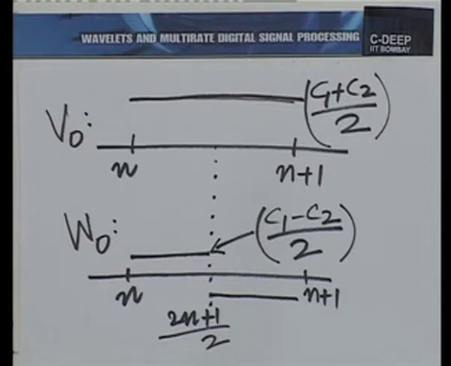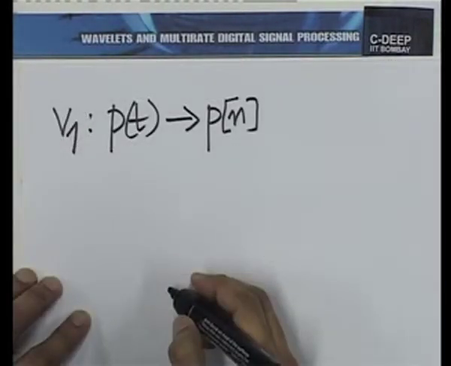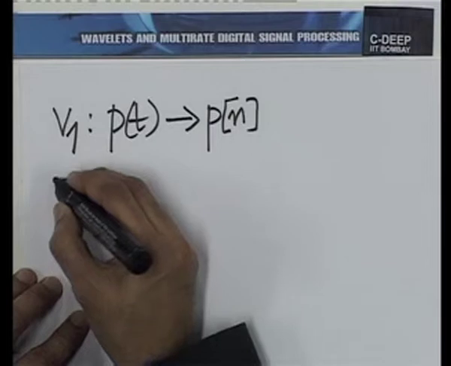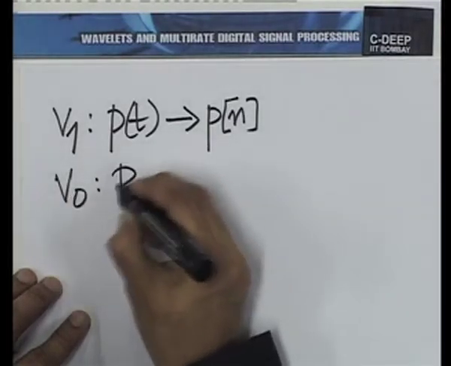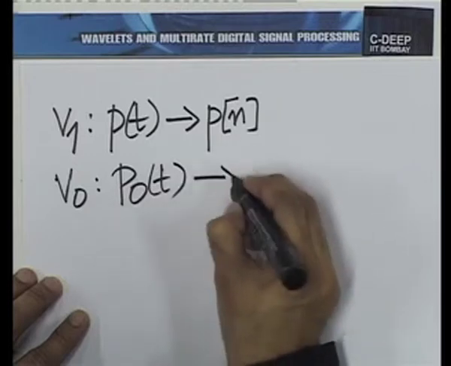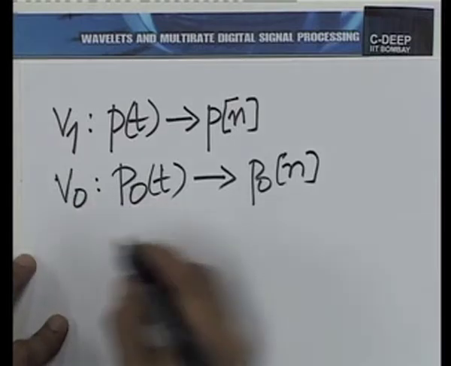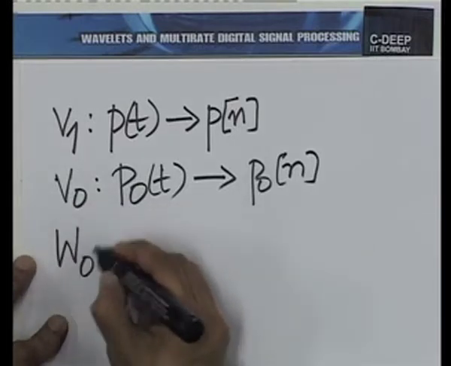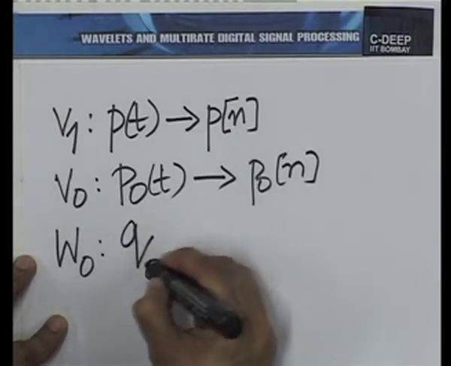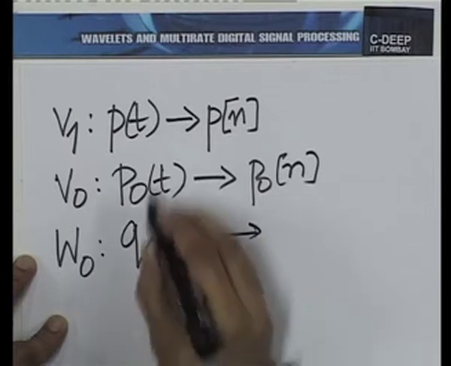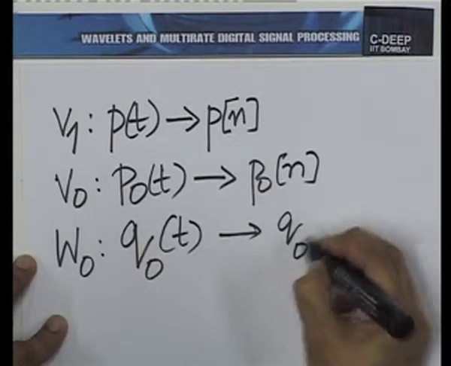What I am saying is, now if you think in terms of sequences, let us do that. So, you had this function in V1. Let us say the function is, for variety, Pt belonging to V1 and the corresponding sequence Pn. You have the corresponding function P0t, let us call it, and the corresponding sequence P0n, where P0 is the component in V0, so to speak, and you have Q0, let us say, as the component in W0 and the corresponding sequence Q0n.